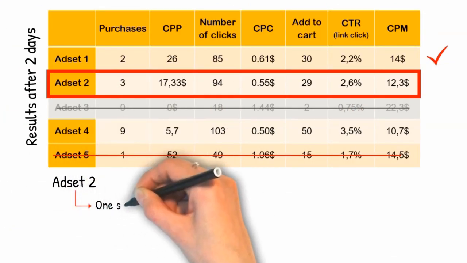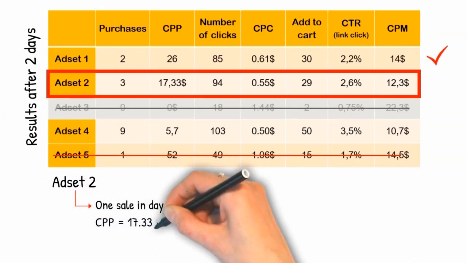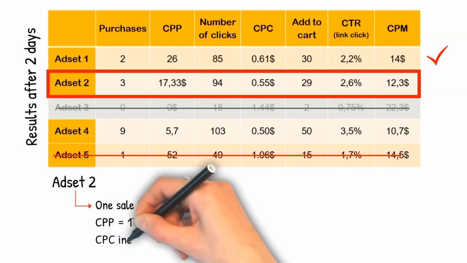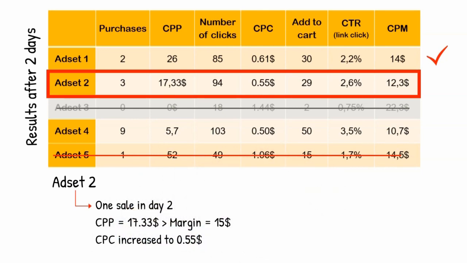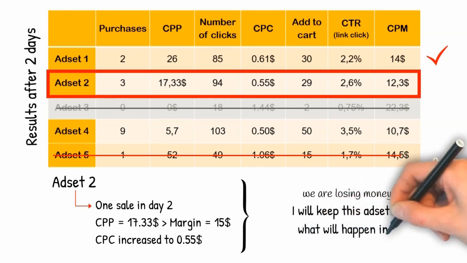Concerning ad set 2, we have only made one sale in day 2, so 3 sales in total. The CPP increased from $13 to $17.33, so we are losing money now because the margin is equal to $15. The CPP also increased to $0.55. I will keep this ad set to see what will happen in day 3.